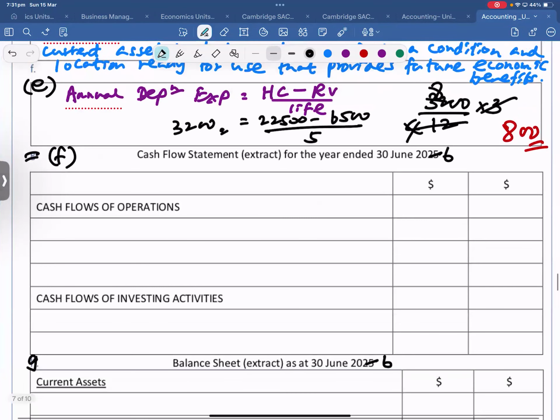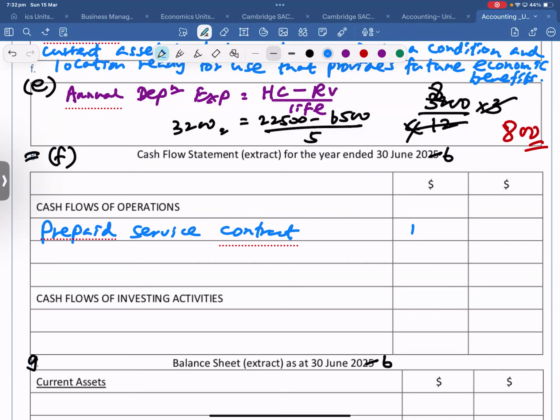Okay, how do we report this one, guys, in the cash flow? Now we have done cash flows, yes? Prepaid service contract. How much? 1,200? Or are we reporting only the thing that we have incurred?